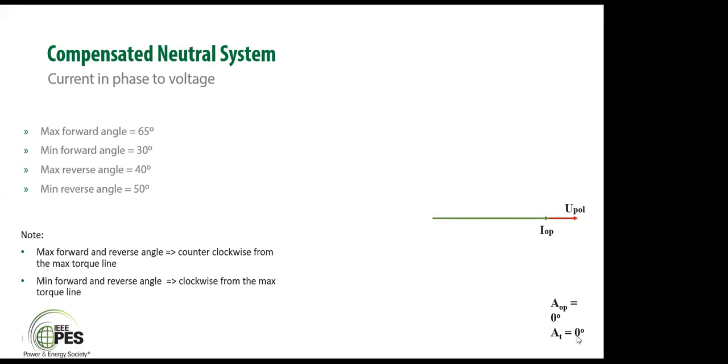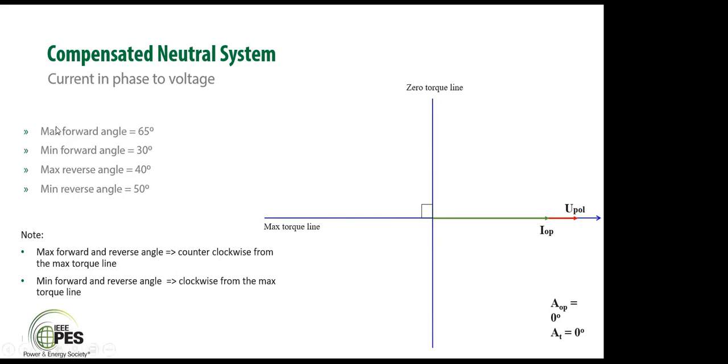Once we have set the 0 degree torque angle, the maximum torque line will be in phase with the polarizing voltage as well as the operating current. Of course, at 90 degrees with respect to the maximum torque line, there will be the zero torque line.